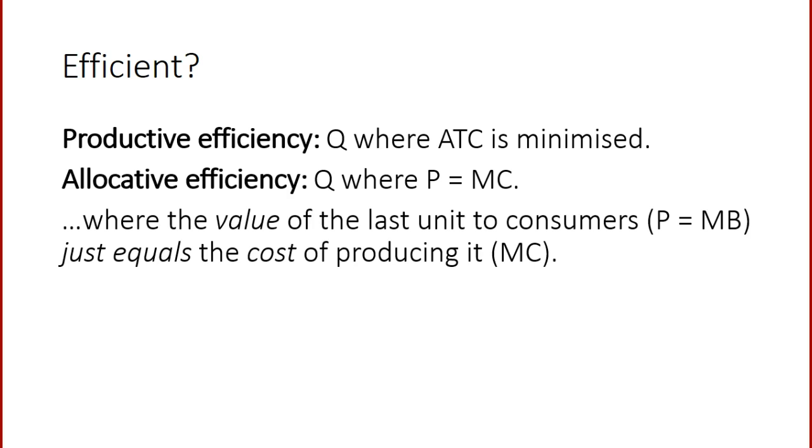So where the value of the last unit to consumers, the price per unit, or in other words, the marginal benefit to consumers of the last unit consumed, just equals the cost of producing that last unit, the marginal cost. So in other words, it's where the price equals the marginal cost.